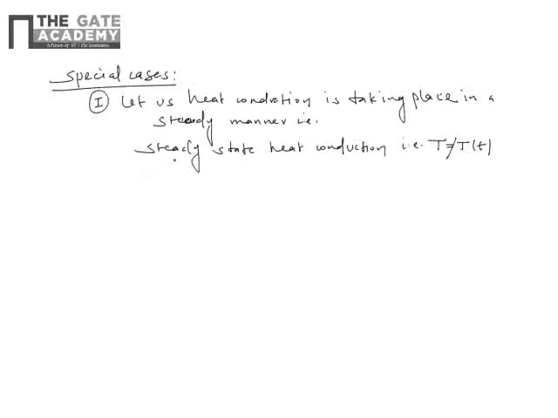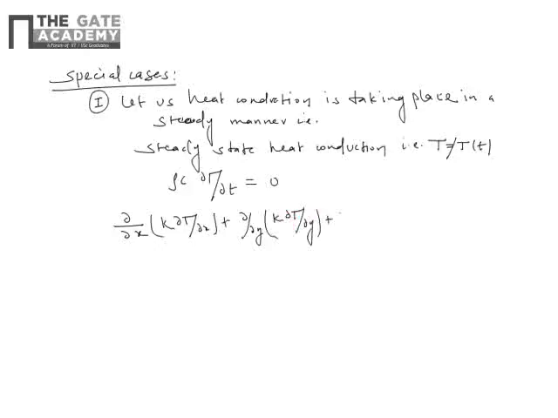So, in general heat conduction equation, the right hand term rho c del T upon del t will be equal to 0 and equation will reduce to del upon del x of k del T upon del x plus del upon del y of k del T upon del y plus del upon del z of k del T upon del z plus E dot gen is equal to 0.